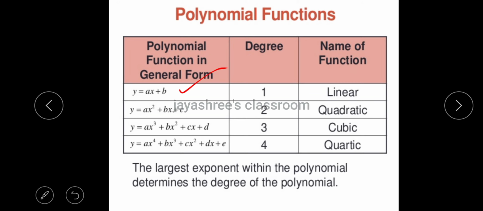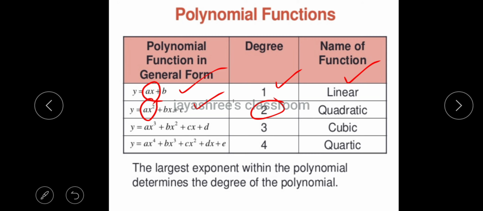Now again, polynomial functions in general form. Degree 1 polynomials are of the form y is equal to ax plus b. This is of degree 1 because the highest degree of the variable is 1. Therefore, such equations are called linear functions. Now, y is equal to ax square plus bx plus c. Here the highest degree is 2.